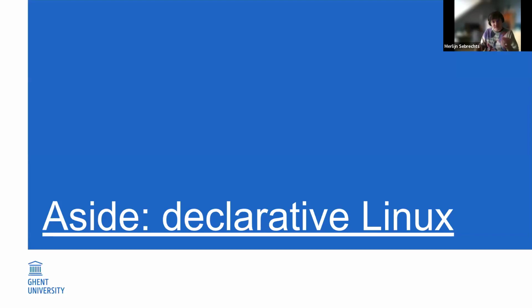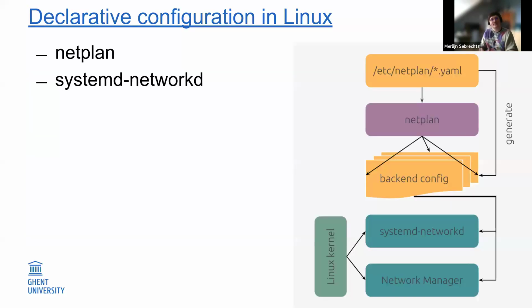However, because this is very complicated in order to make it secure, and because this requires very in-depth knowledge about how Linux actually works, there are a lot of tools to help you with this, specifically NetPlan and systemd networkd. NetPlan and systemd networkd are declarative configuration daemons for Linux networking.